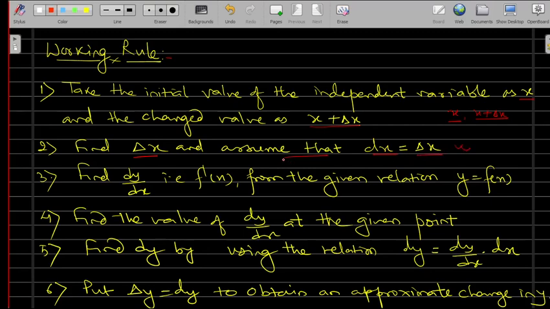Find dy by dx, that is f dash x, from the given relation y equals f of x. Find the value of dy by dx at the given point. Find dy using the relation dy equals dy by dx times dx, or f dash x times dx. Put del y equal to dy to obtain an approximate change in y. So these are the working rules.